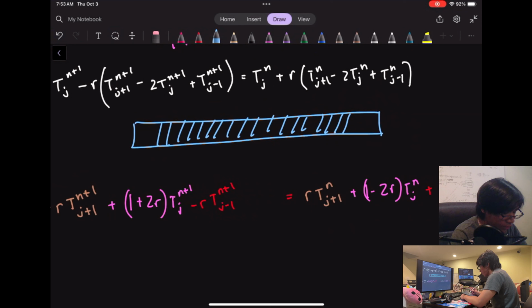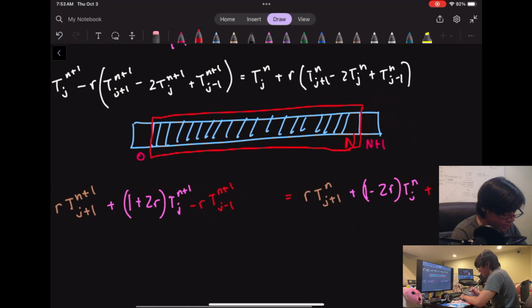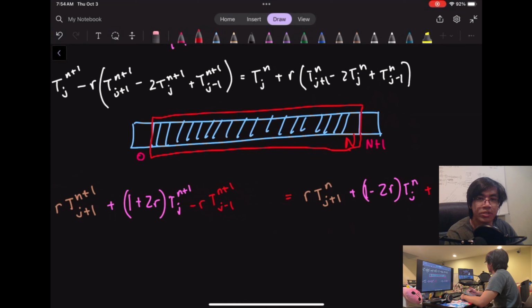But what we'll have at the very end, obviously we're indexing from 0 to, let's do n+1. So that way we can say the last term right before n+1 is n. And that way we can say that we have n number of unknowns. So that's the number of sections we're going to be dividing.